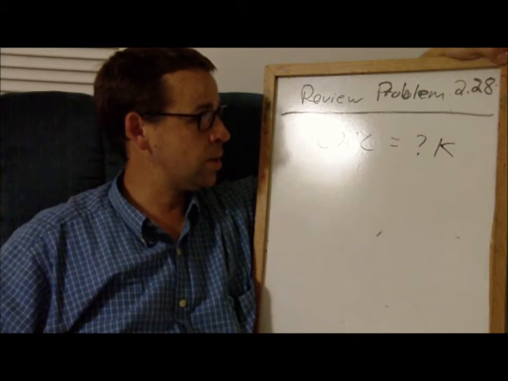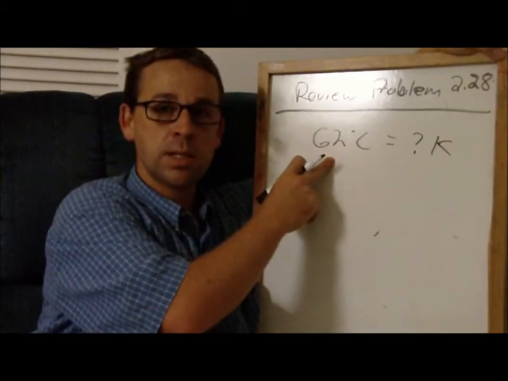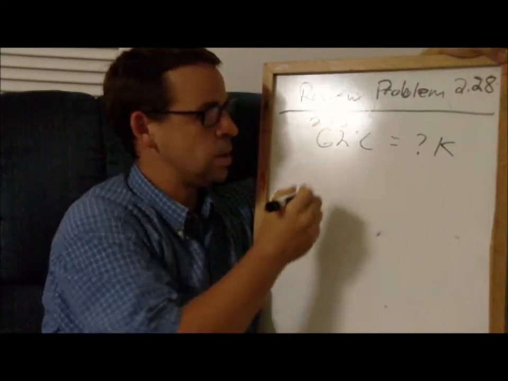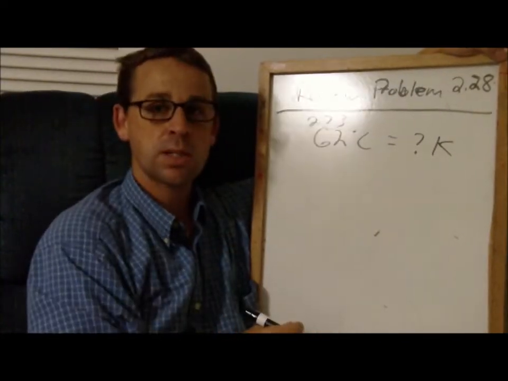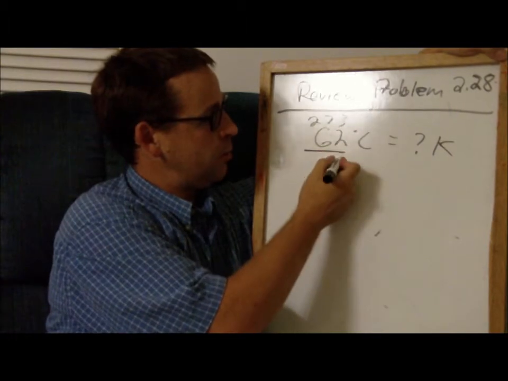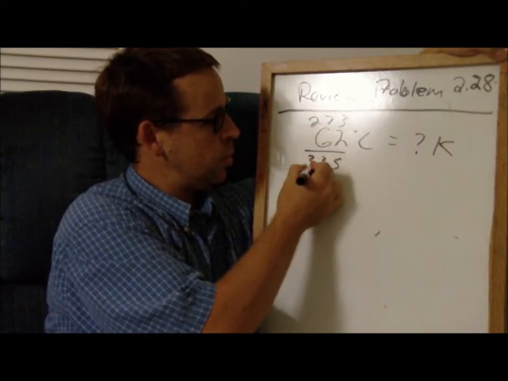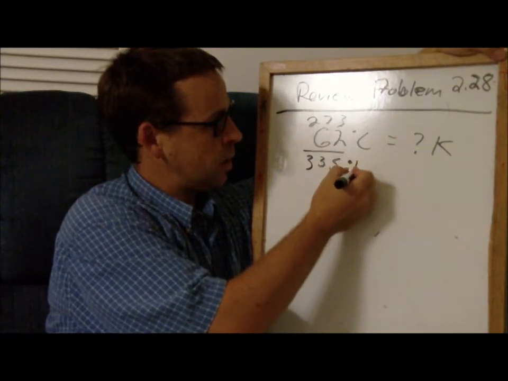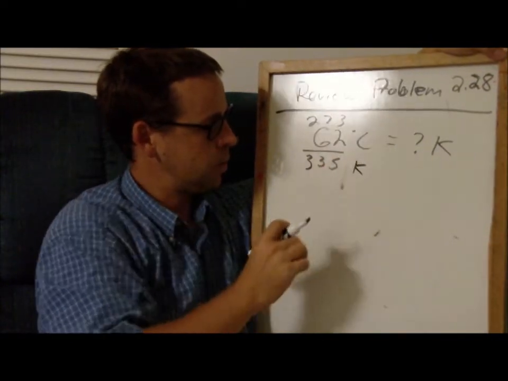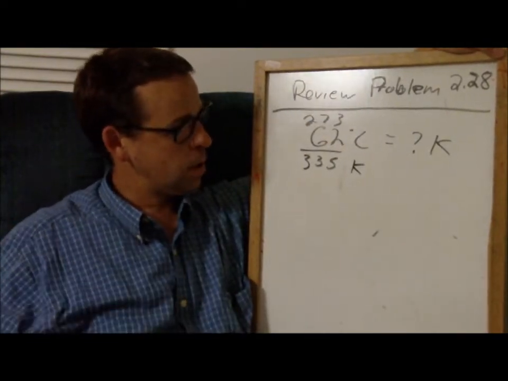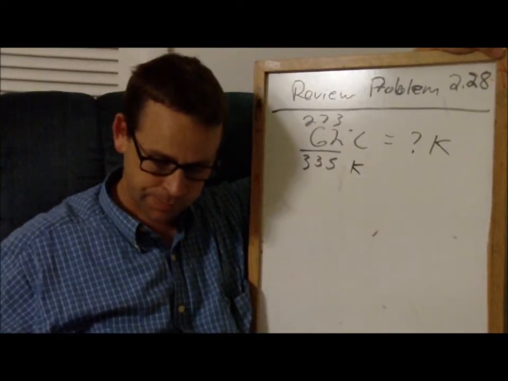So if it's 62 degrees Celsius, you add 273, and this is something you need to memorize. 273 plus 62 is 335 Kelvin. So 62 degrees Celsius, add 273, and it's 335 Kelvin.